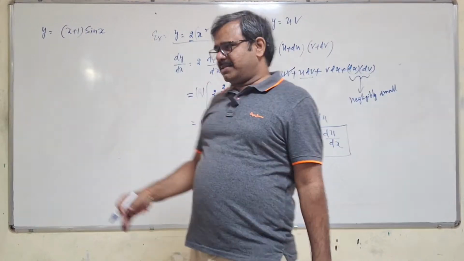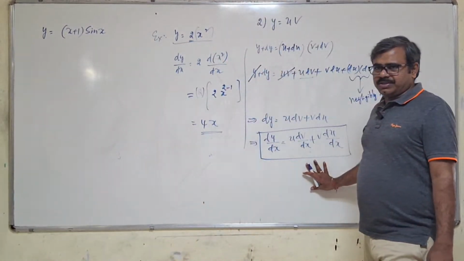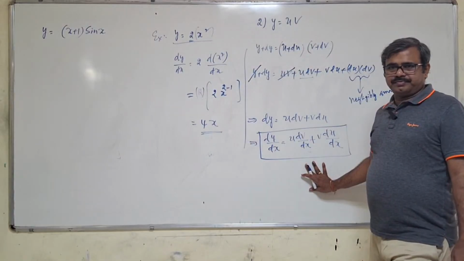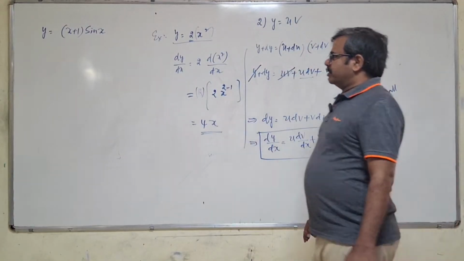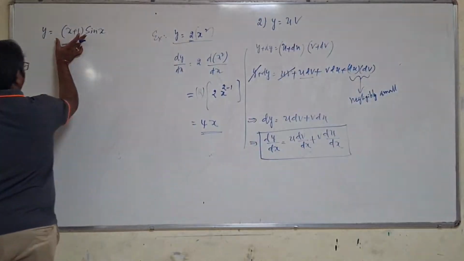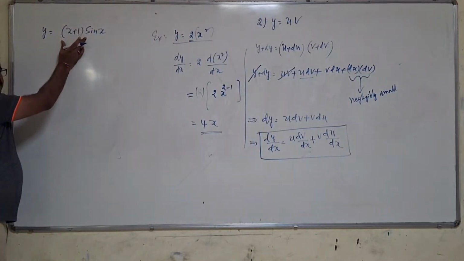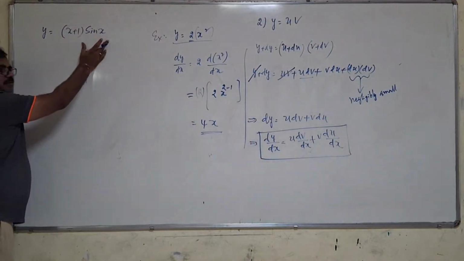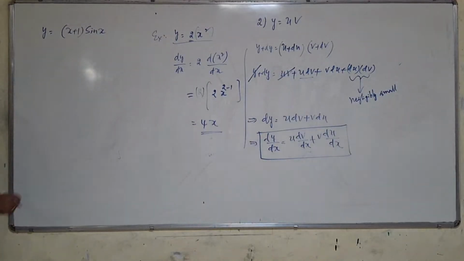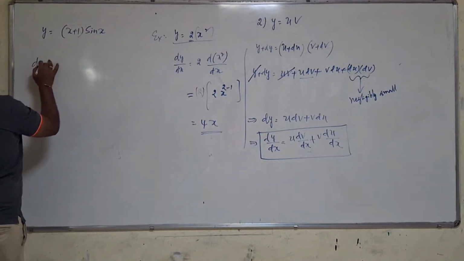Or you can keep it as it is and apply this rule to differentiate. How do we do this? This is u, right? What is u here? x plus 1. v is sin x. So apply that rule. What do you get?